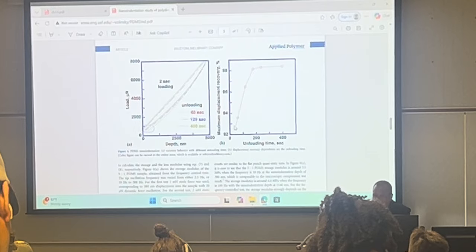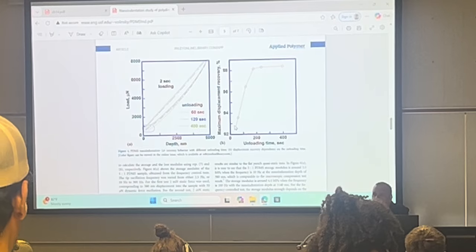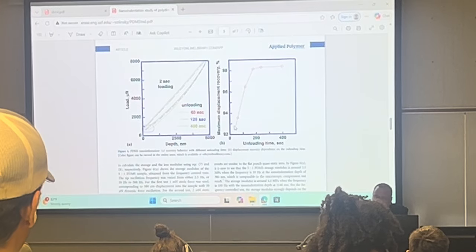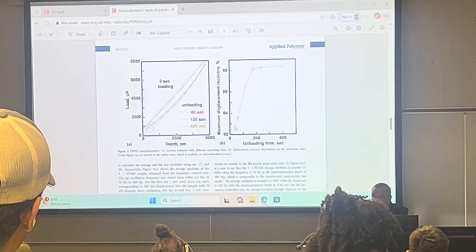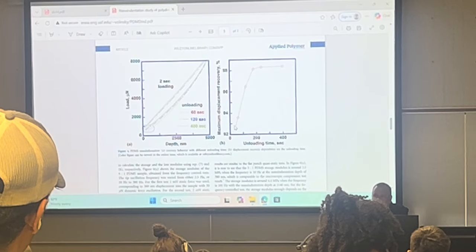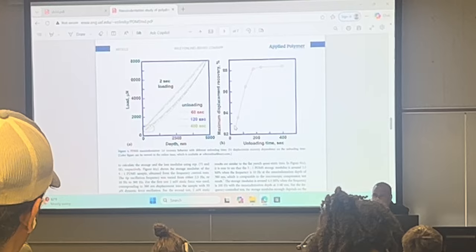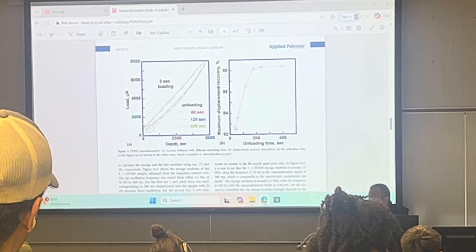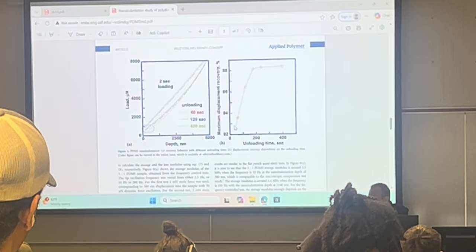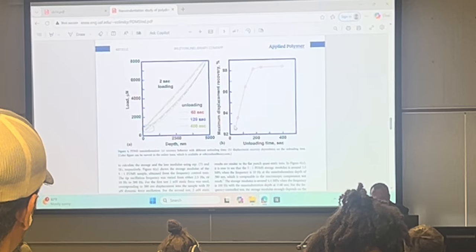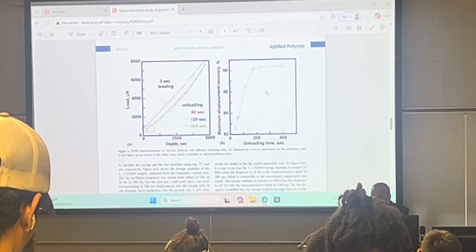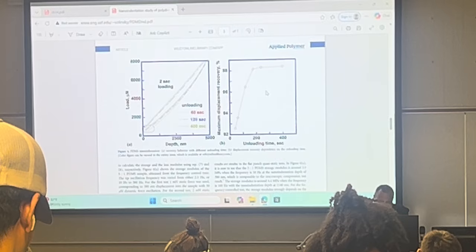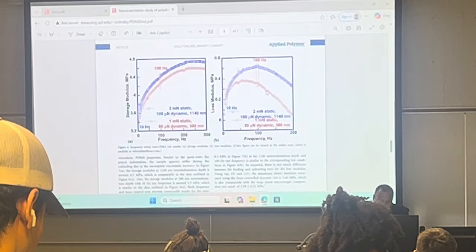I'm yet to find a student who would be interested enough to model this and maybe write a master's thesis about it. The data is there. I have tons of data. Just never had the time or the labor hands to analyze it, but this is a method of extracting viscosity.